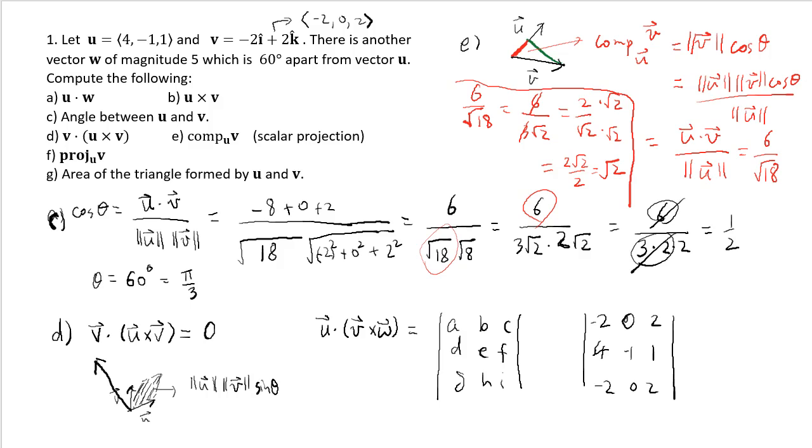Now, the projection of V onto U is this projection, but now turned into a vector. So the difference between the component and the projection is you turn this into a vector.